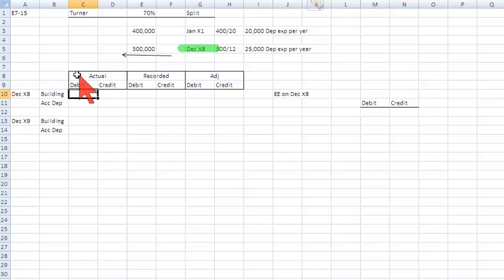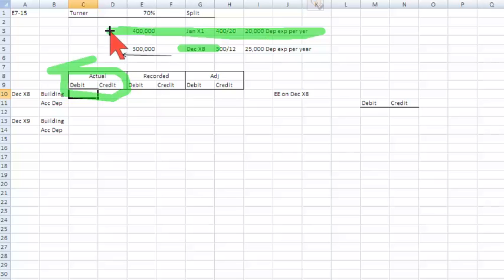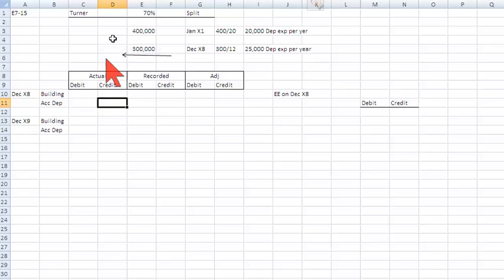Now, like I mentioned, actual will always have to do with the original, which is here. Original, and this was the purchase price by the parent from the affiliate. So actual will always be 400,000, no matter what year it is.